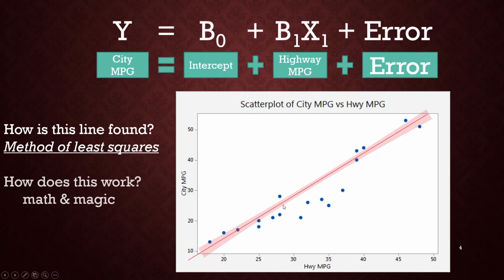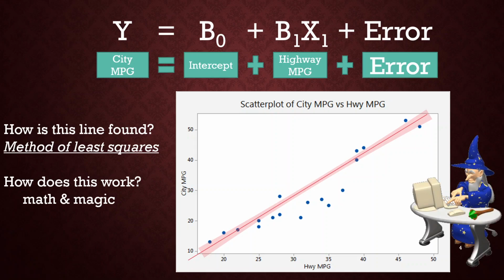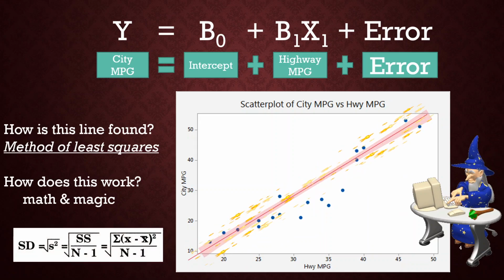So it's actually trying to get the least squared error in your data compared to the line. If you would like to learn a little bit about that, I really wouldn't recommend trying to learn exactly how it works because it is pretty dang close to computational magic. If you want to get started, I would say take a look at this standard deviation formula. X is just an X thing. X bar here is the mean of X, N is the sample size, and see if you can work out how we get from the data points to a standard deviation.